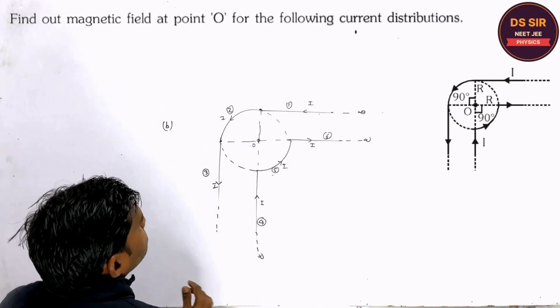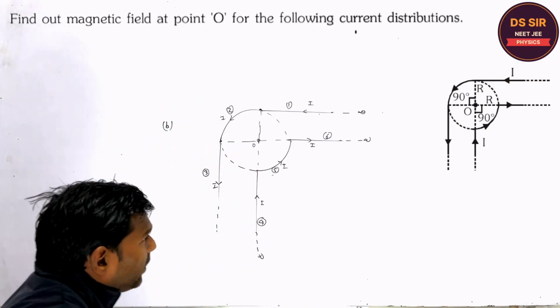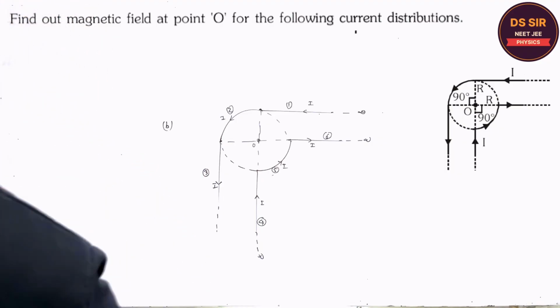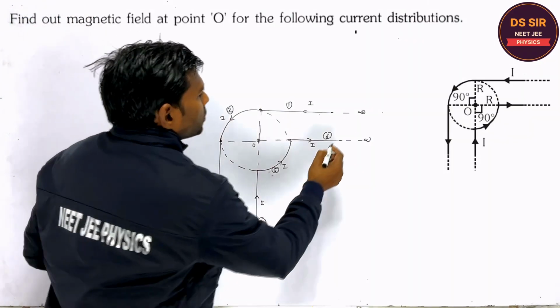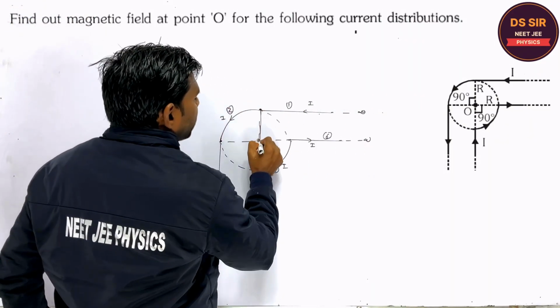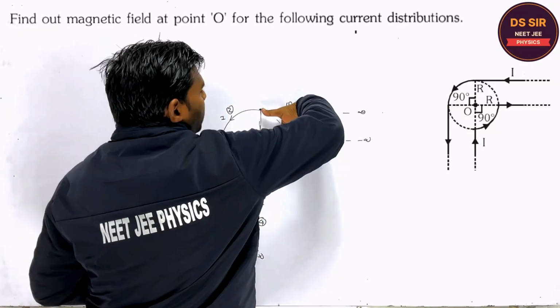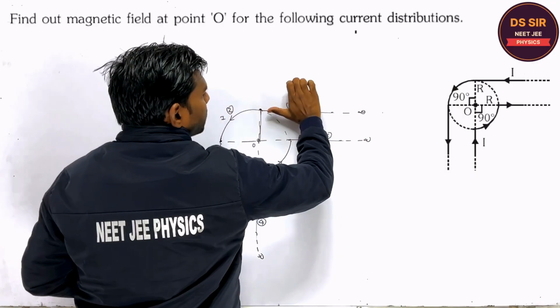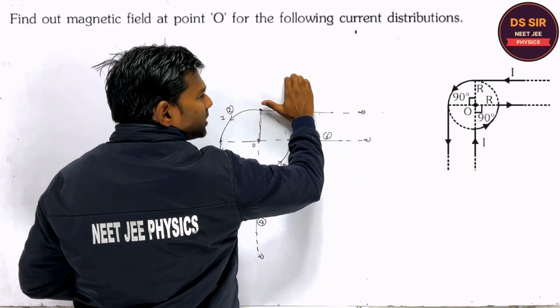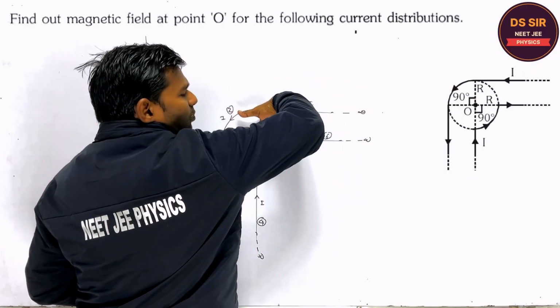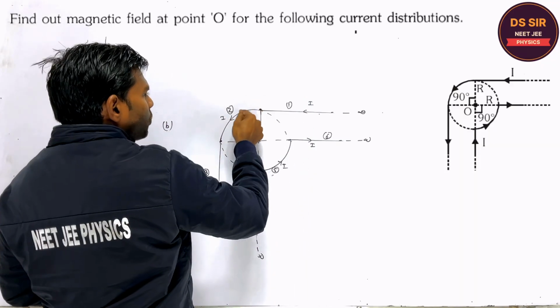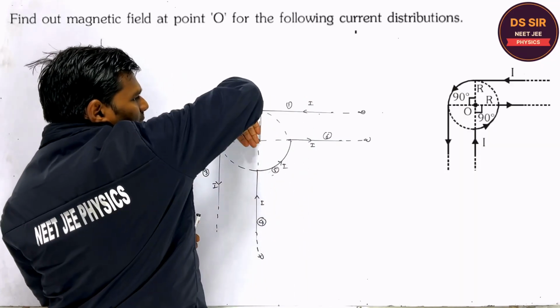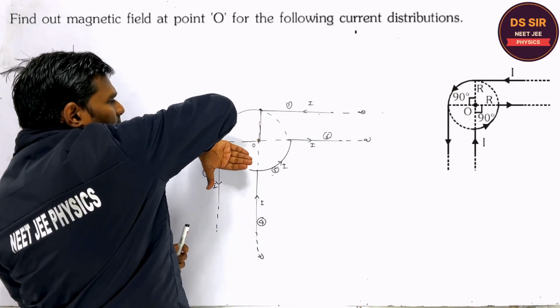I will give you one minute to think about this. Because of this semi-infinite wire, what is the direction of the magnetic field? Out. Because of this wire, this side is in, this side is out. And because of this quarter circle, out. Because of this, out.